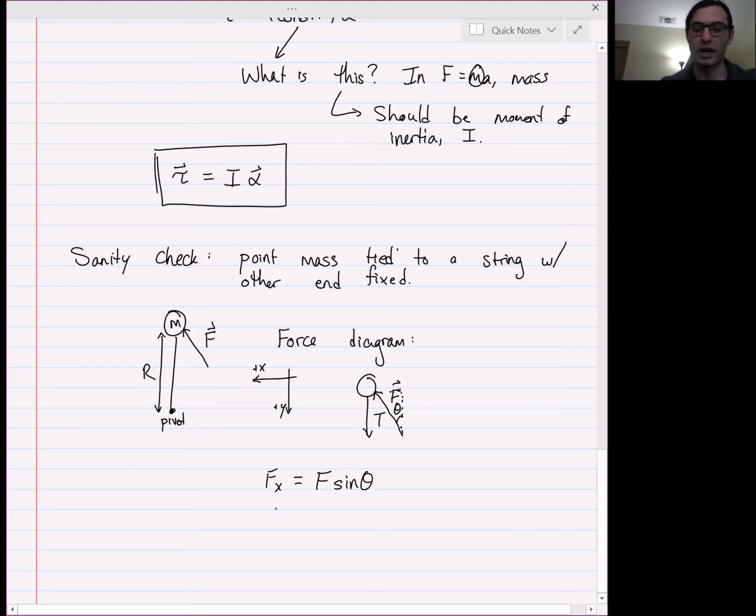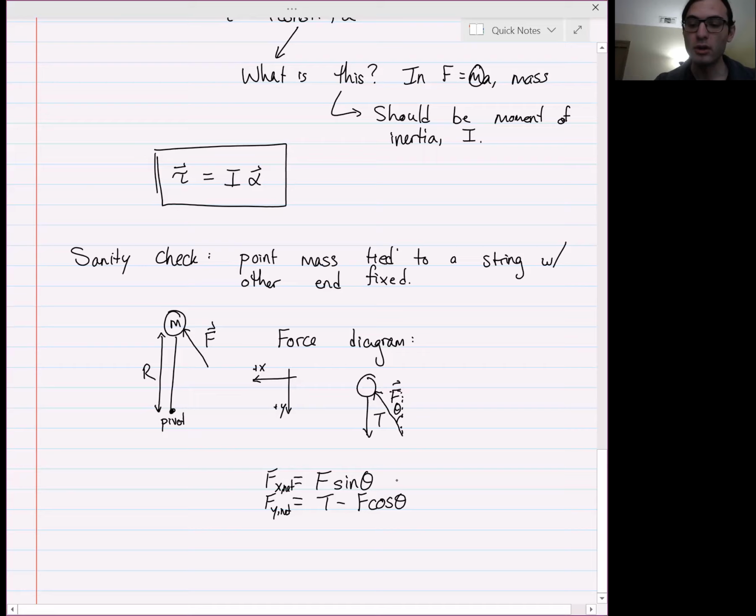Sorry, this is F sub x net, F sub y net. That would be, well, there's an upward part from the force F, and then there's a downward part from the tension T. Now, downward is positive, so we have T minus F cosine of theta.